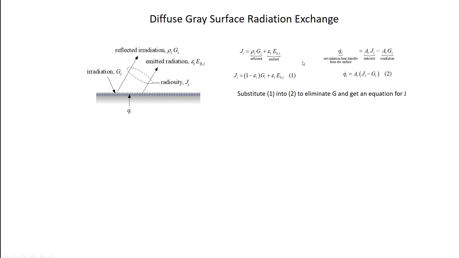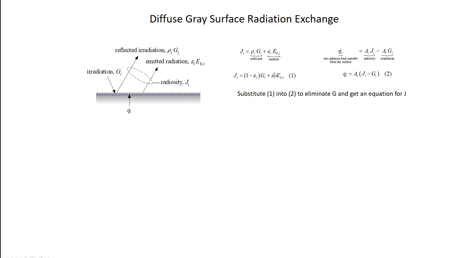And then the other part of the in is the irradiation times the area. So that's over here. I put it on the other side with a negative sign. And then the out is the radiosity times the area. So that's right here. So this is just an energy balance on the surface. I'm just going to factor out the area. So Q dot i is A_i times (J_i minus G_i).